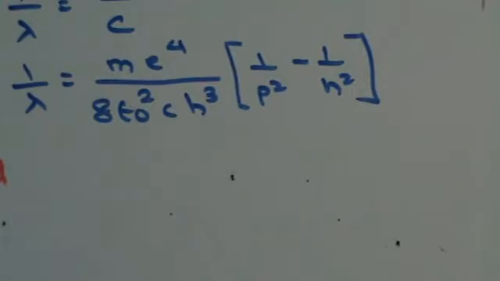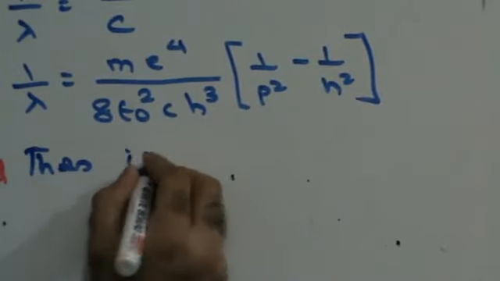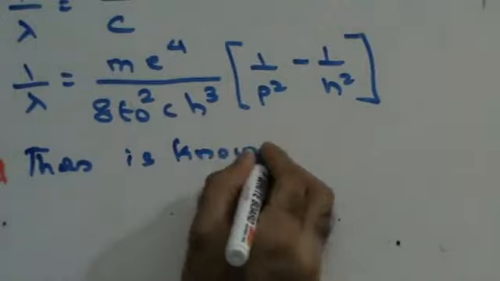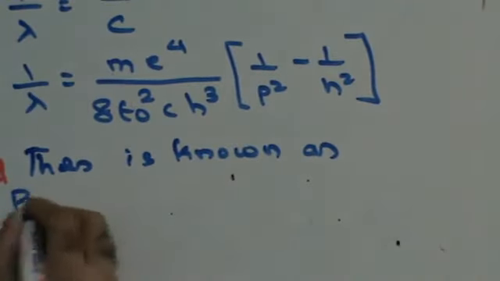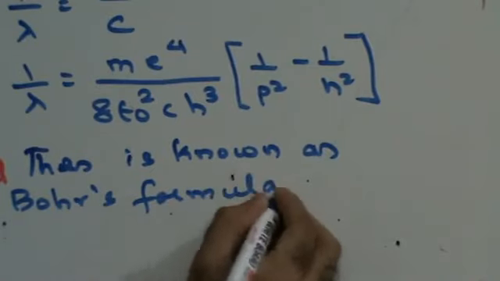Now this is known as Bohr's formula, right? This is going to be my wave number, right? This is known as Bohr's formula, right?